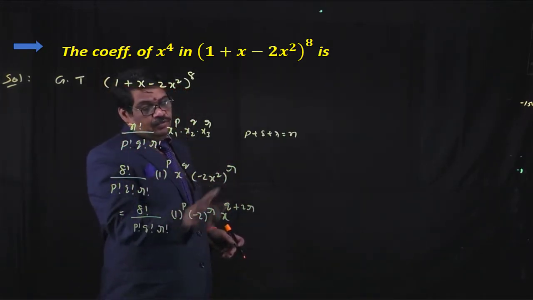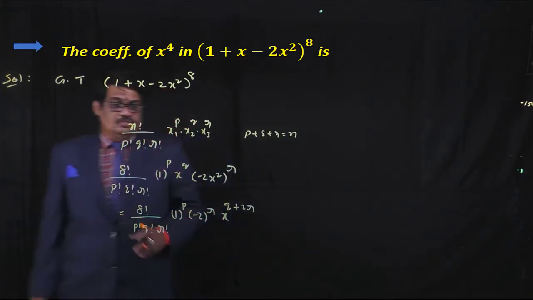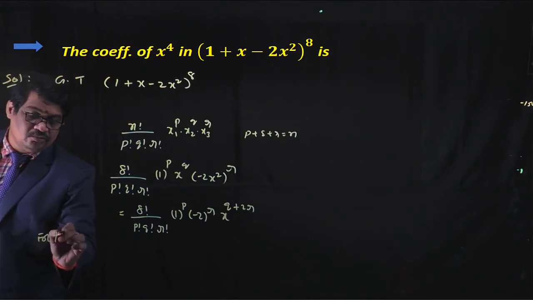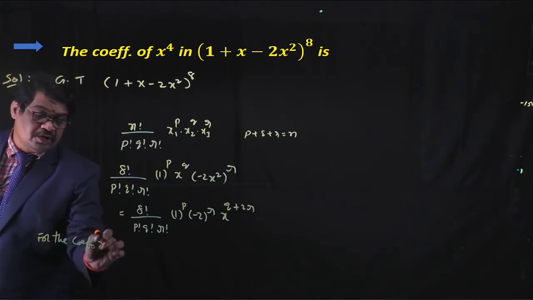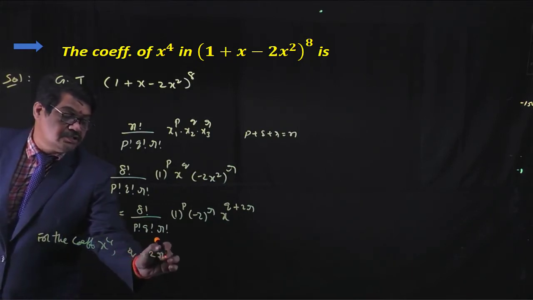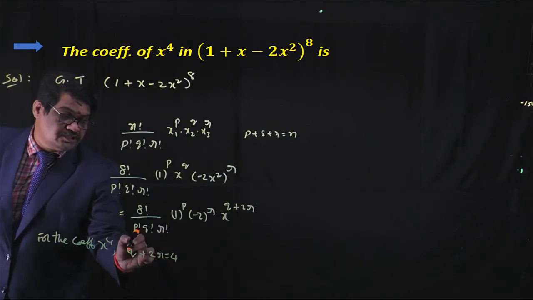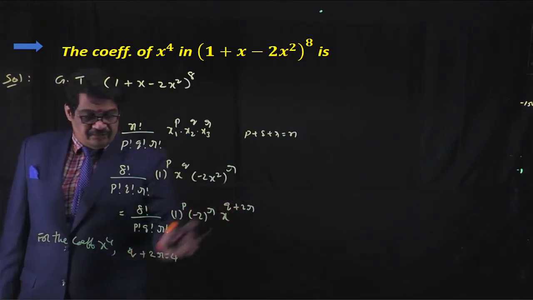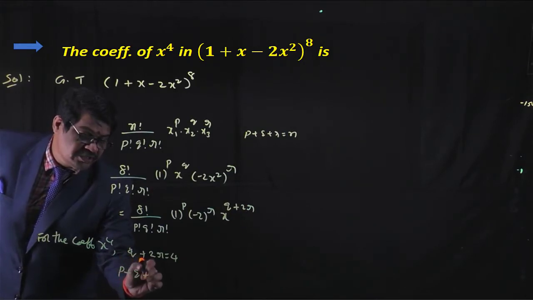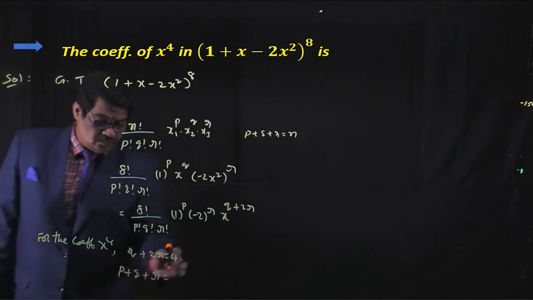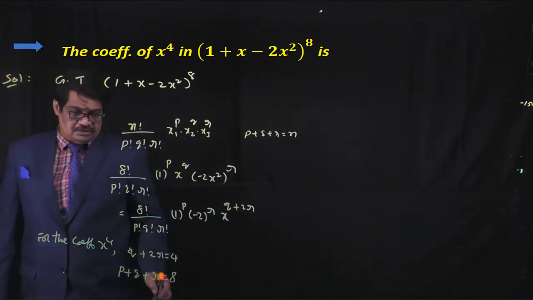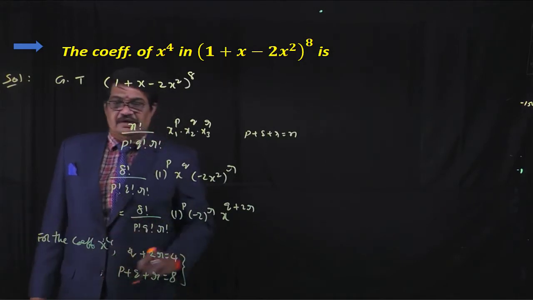We want the coefficient of x to the power of 4, so q plus 2r is equal to 4. That is the x power, this must be 4, and p plus q plus r is equal to n, and n is 8. So we choose p, q and r satisfying these two conditions.